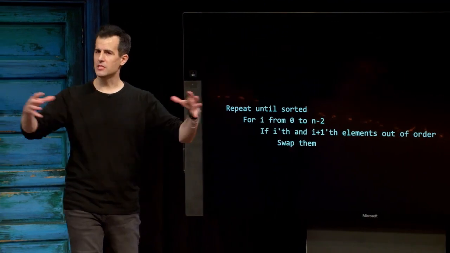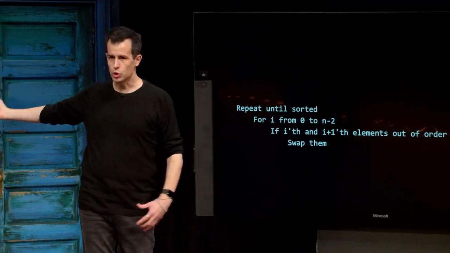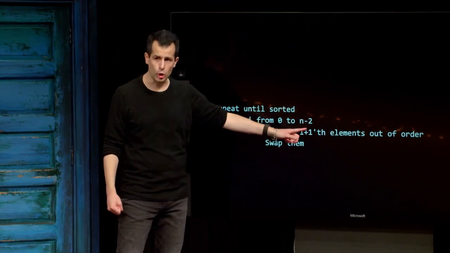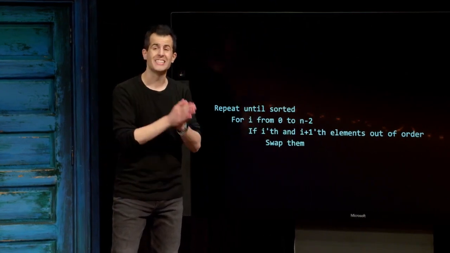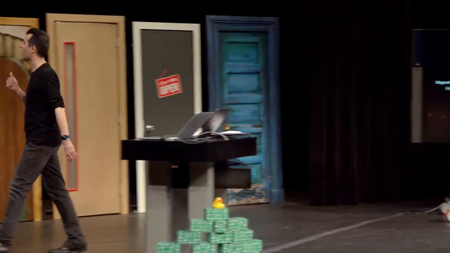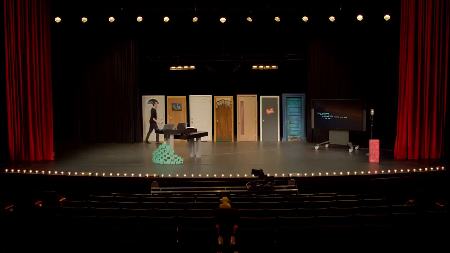If you think about all of these numbers as being in an array or behind doors, if you iterate from 0 to n minus 2, that's like going from the first door to the second to last door. But that's good because my condition is checking door i and i plus 1. So if I start at the beginning here and I only iterate up to this door, that's a good thing.